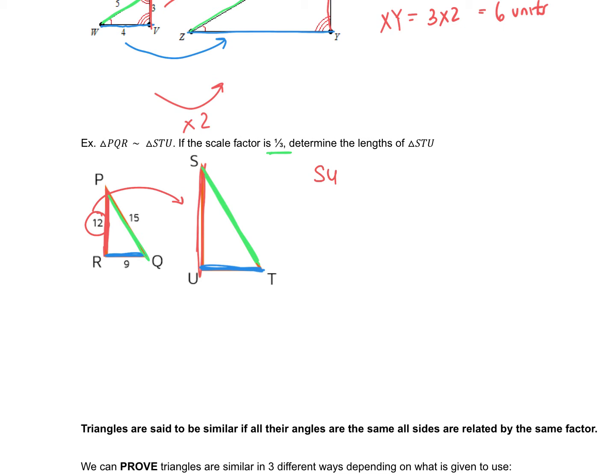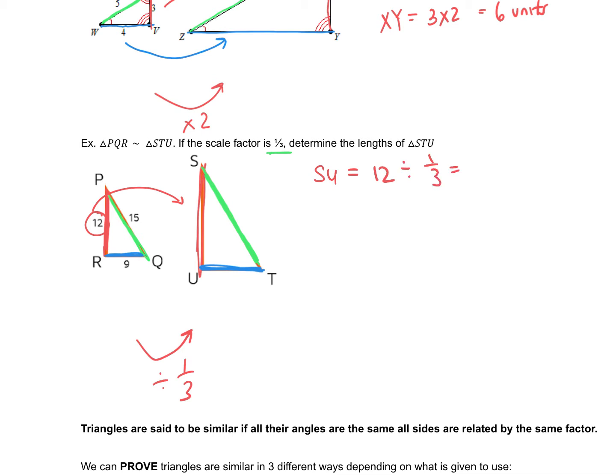Let me try 12 times 1 over 3. When I do that, I get 4. That doesn't make sense because triangle STU is bigger and 4 units is smaller than 12. So just using that trial and error scenario, I know that I should actually divide by my scale factor. So let me see if that makes more sense. 12 divided by 1 over 3 is 36. That makes sense.